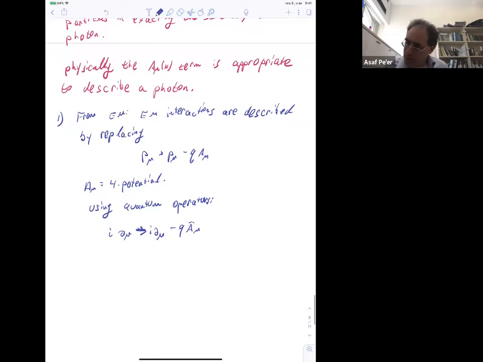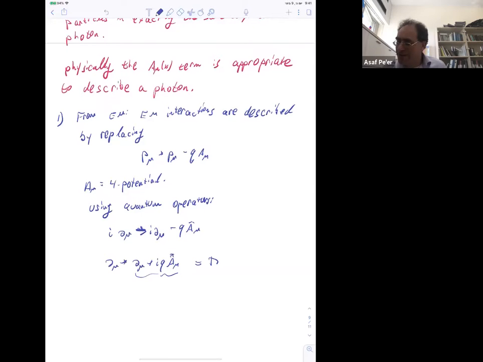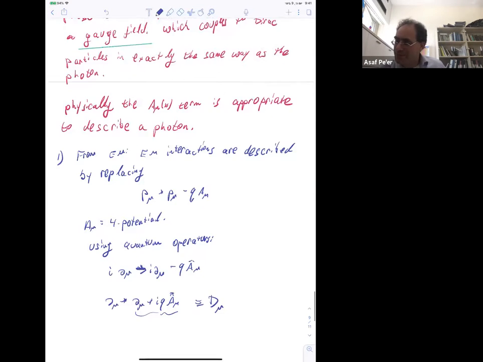If I just multiply it by minus i, we get d mu goes to d mu plus i Q A mu. What is that? The gauge transformation. This is a covariant derivative. I just wrote it down.